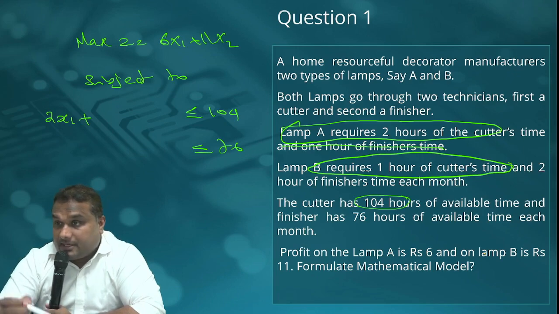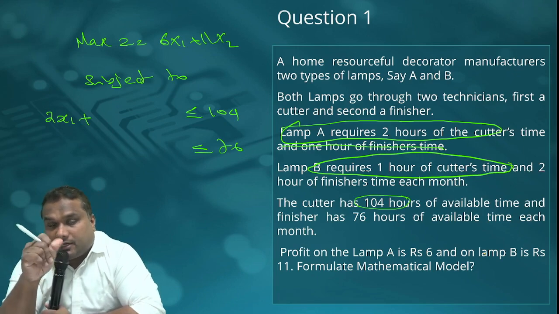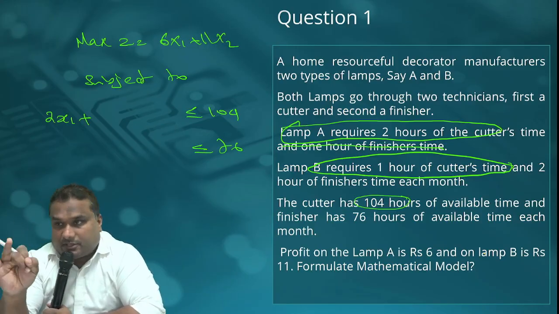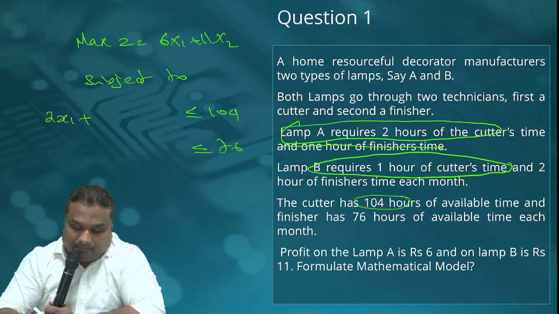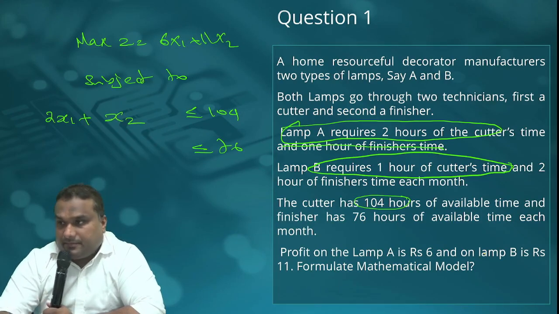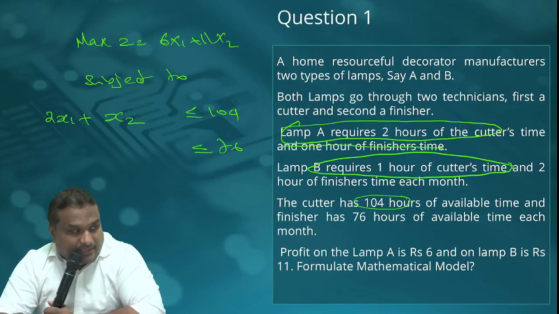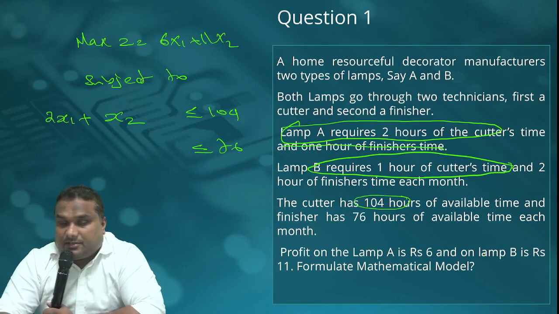Lambier means X1, and X2 requires 1 hour. So 2x1 plus x2 is less than or equal to 104. Deal or no deal?